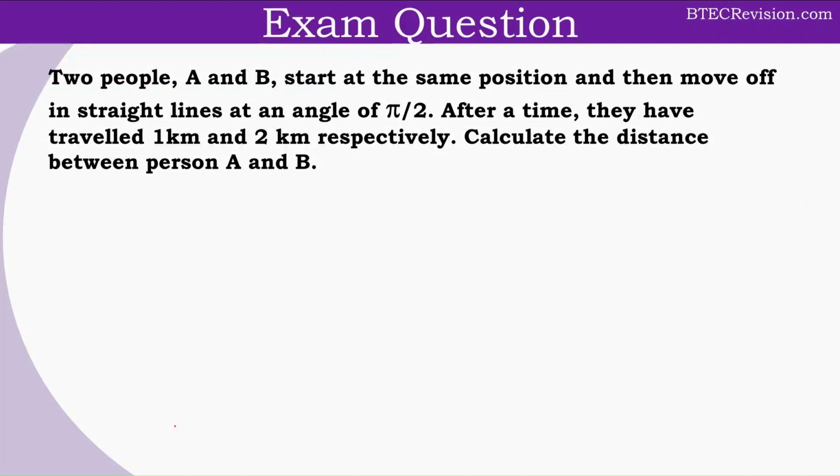Now pause the video here and attempt this exam question. The first thing we should do is to draw a diagram. We can see two people, A and B, start off at the same position and then move off in straight lines at angles pi/2. So you can see here is the position of person A. It started off at the origin, let's call it O. And here is the position of person B. And they make an angle of pi/2.